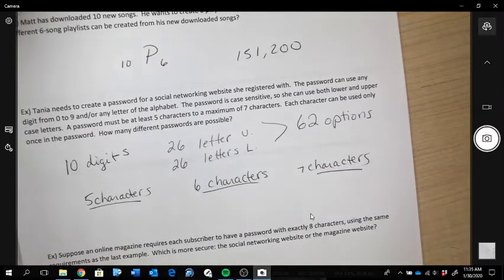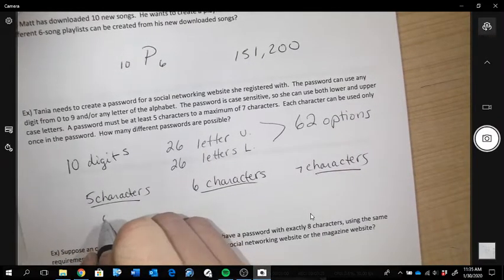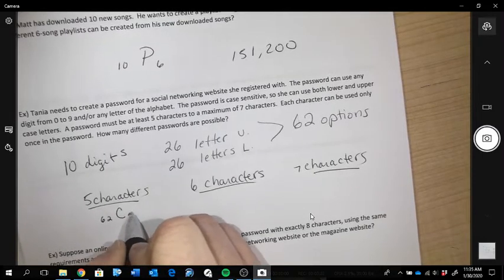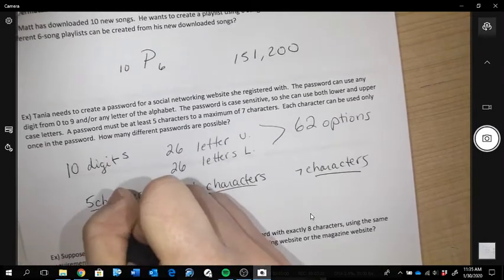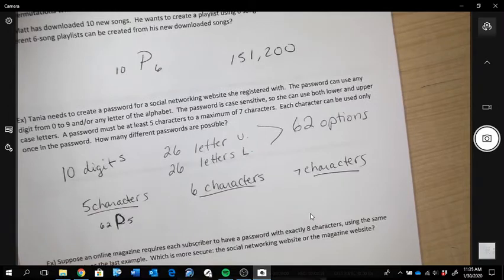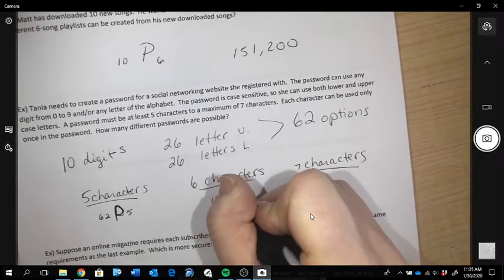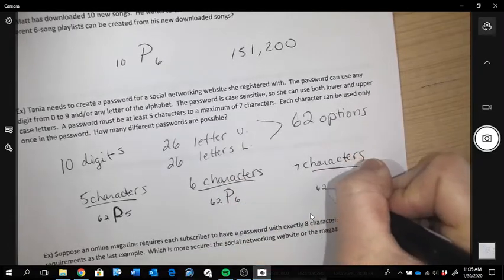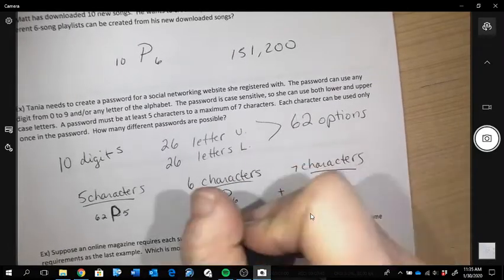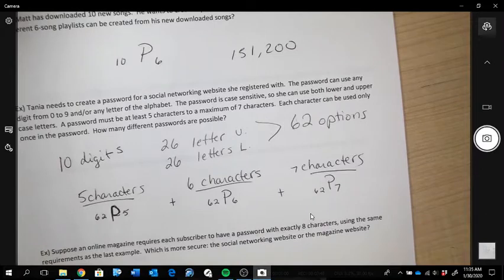Okay. So here we're going to be doing 62 and we're going to pick 5 that we could have rearranged around. Here 62 P6 and 62 P7, and then once we're done that, we would add all 3 cases up. So this is going to be a very, very large number.